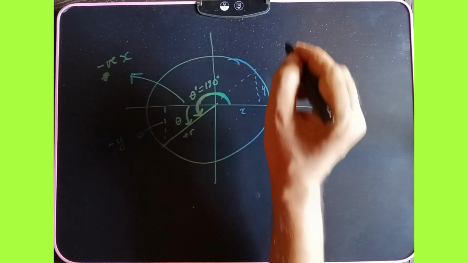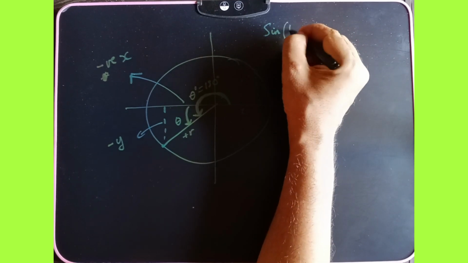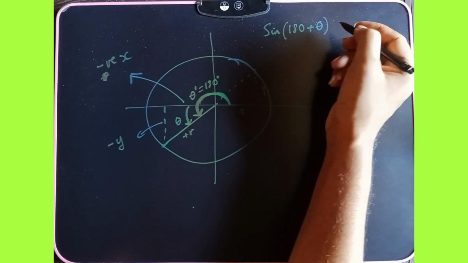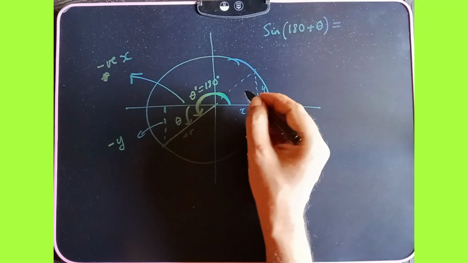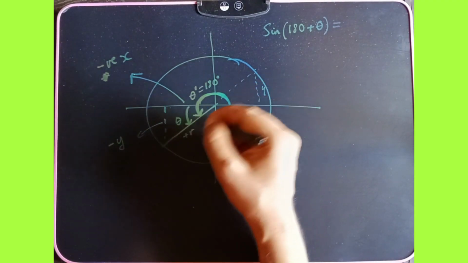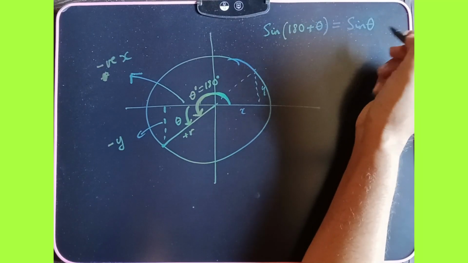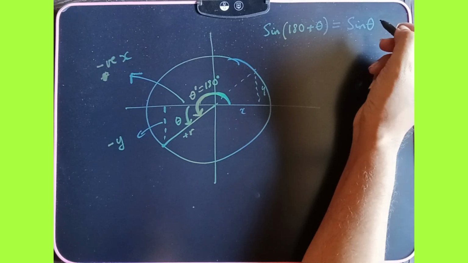So I will write sine of 180 plus theta is nothing but sine theta, because it is the same triangle, right? But whether this value is going to be positive or negative is what we need to check.